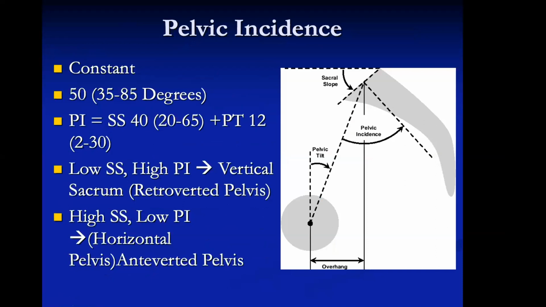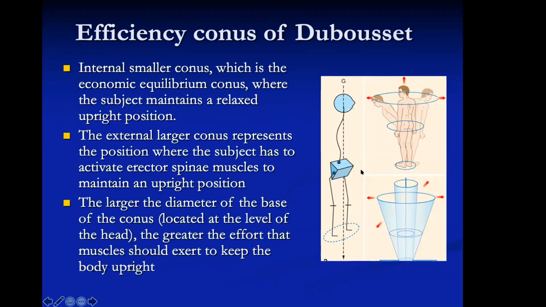These are some important parameters related to the cone of economy, which you should know. This particular angle, this is the superior end plate of S1, and the base of this cone of economy is the pelvis. If your pelvis is tilting forwards and your spine is not balanced, it goes off gear.